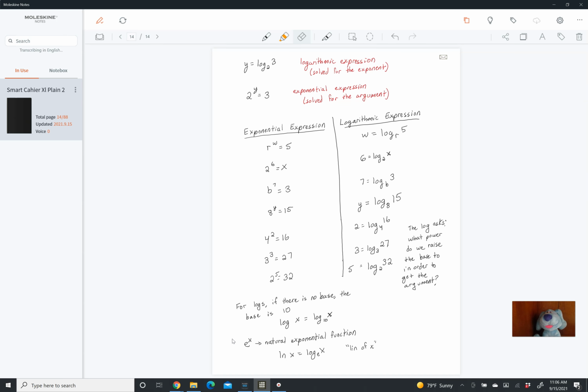That's how we would say it. Okay, and just like this is called the natural exponential function, this is called the natural logarithmic function.